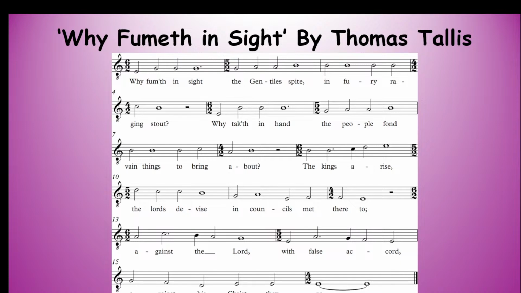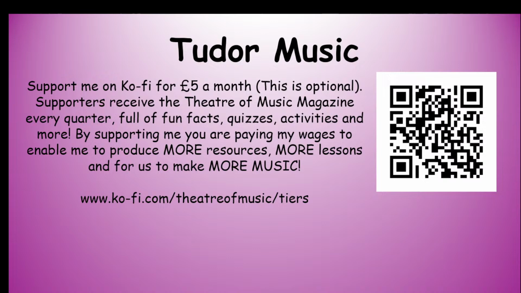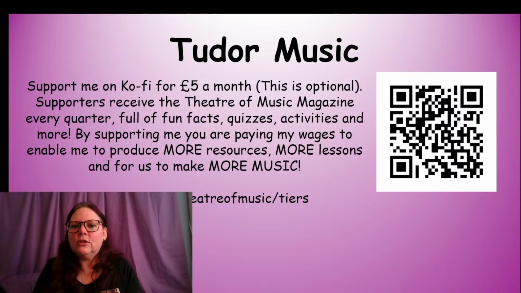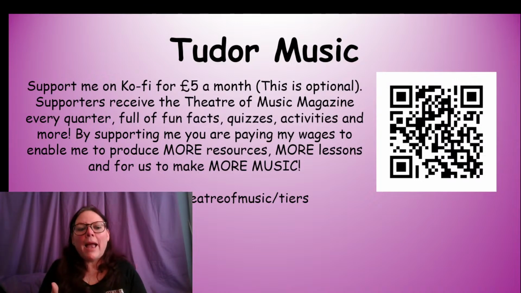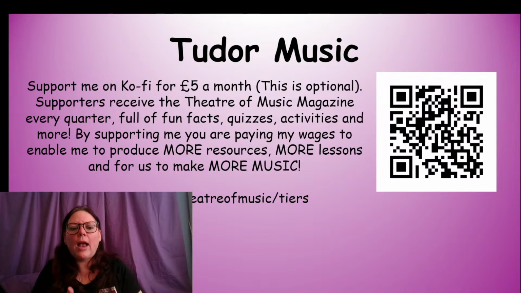So let's do a little recap of what we've learnt today. What have we learnt today? We have learnt that music in Tudor times was actually quite different from music today, certainly within the church. And music was unaccompanied a lot of the time in church. You'd got mass, you'd got motets, you'd got anthems.